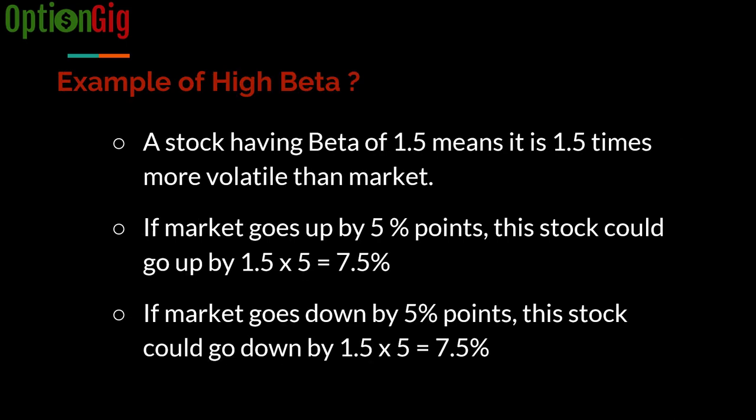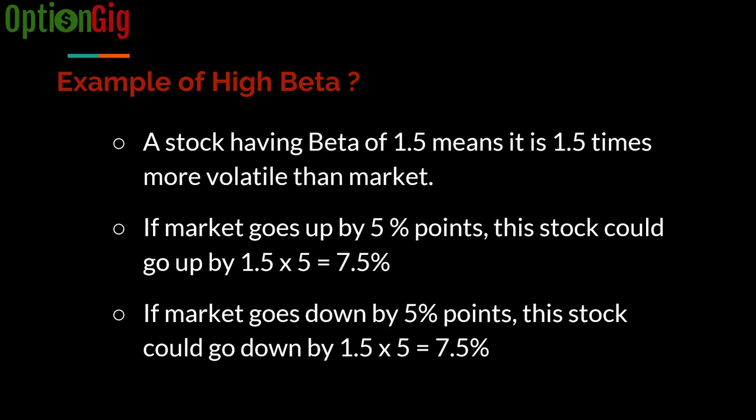Now examples of high beta: a stock having a beta of 1.5 means it is 1.5 times more volatile than the market. For example, if the overall market goes up by 5%, then the stock could go up by 7.5%. If the market goes down by 5%, then this particular stock could go down by 1.5 times 5, or 7.5%.